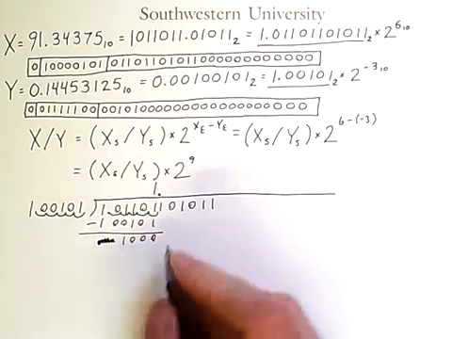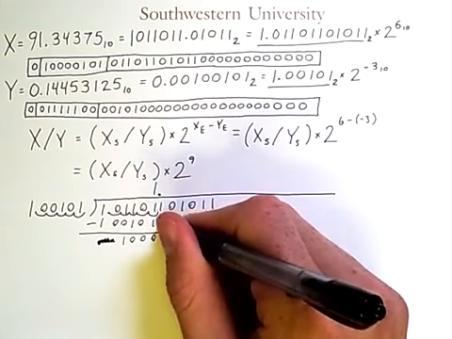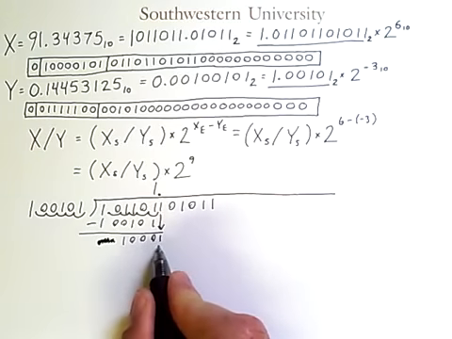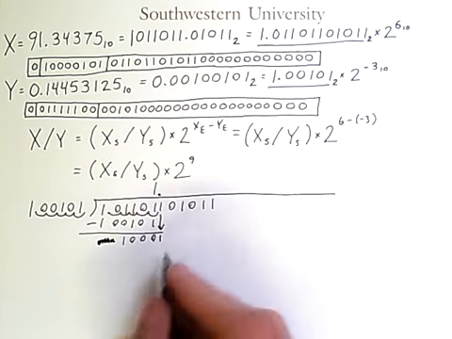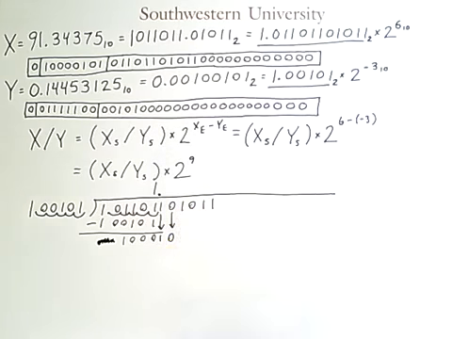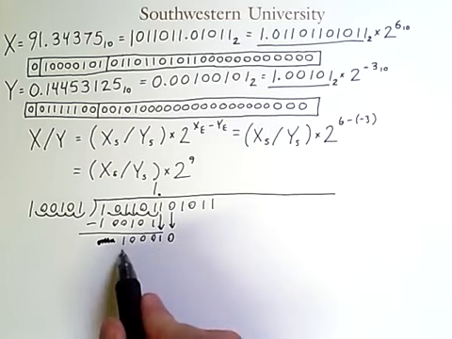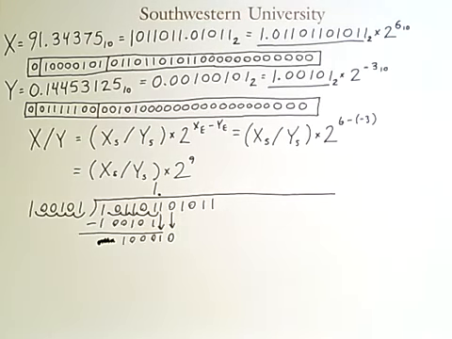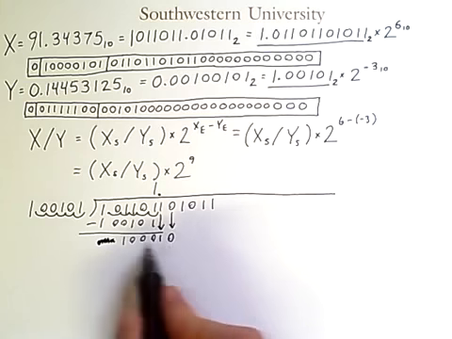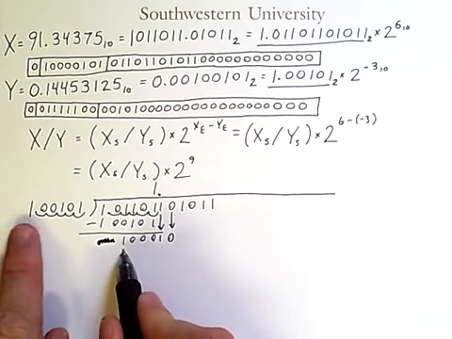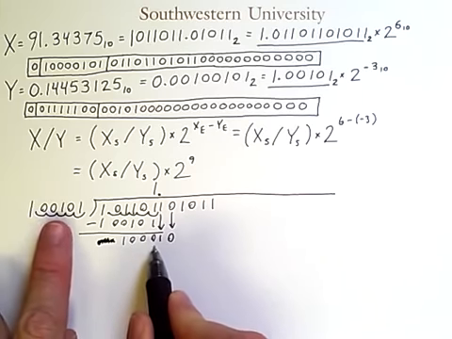So this value does not fit into that. I'll pull down a 1. This is 5 digits, so that's 6 digits. It still will not fit in. Let's pull down a 0. And now I have 6 digits here, but that number still won't fit in because this number is smaller than that one, because if I look at the positions, I have 1, 0, 0, and then here I have a 1, here I have a 0.